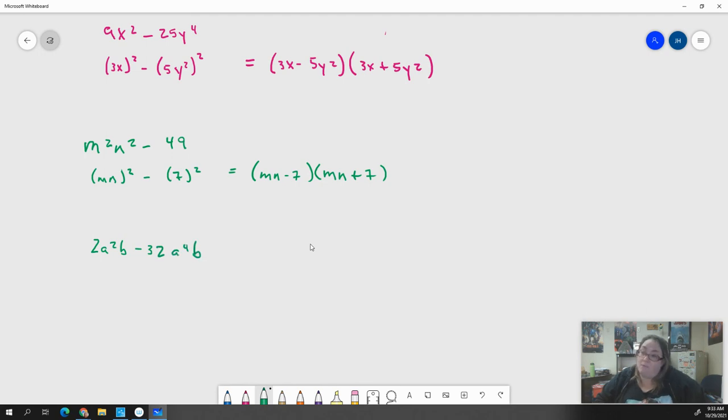So I'm going to look at, well, what can I pull out of these right off the bat? Because any time that we're trying to factor, we're looking for a greatest common factor first. We talked about that earlier this week. These are both divisible by 2, right? So I can factor a 2 out of each of these. They each have at least 2 A's. This one has 2 A's, this one has 4 A's.